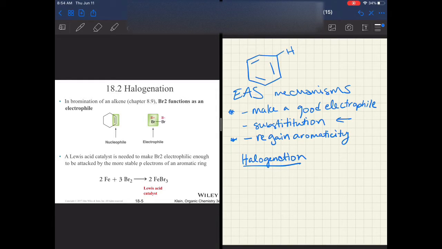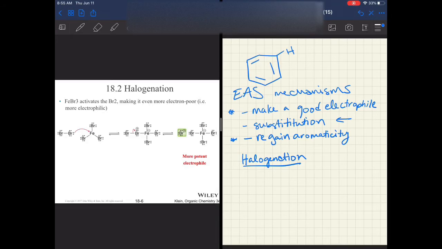So that's where our Lewis acid is going to come in. We're not actually going to use Br and Fe. We're going to use the Lewis acid catalyst, iron tribromide, FeBr3. Remember, a Bronsted acid is a proton donor. A Lewis acid is an electron acceptor.